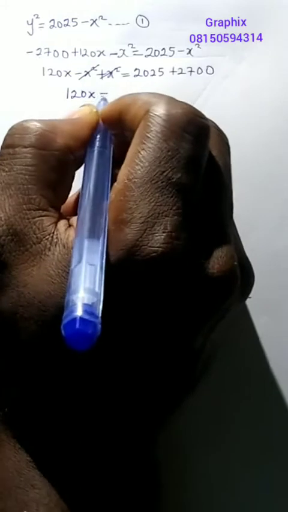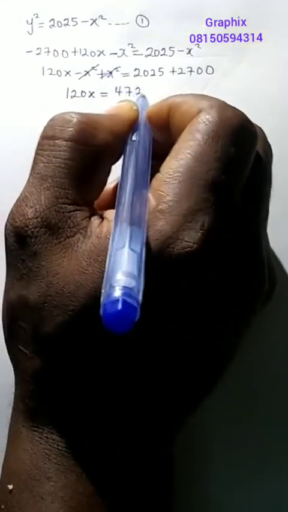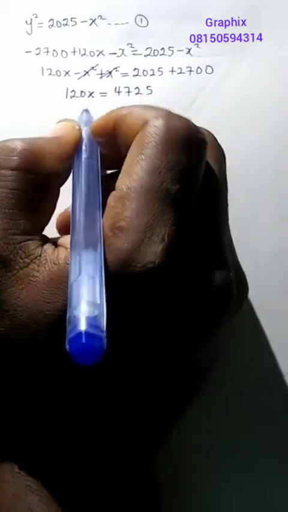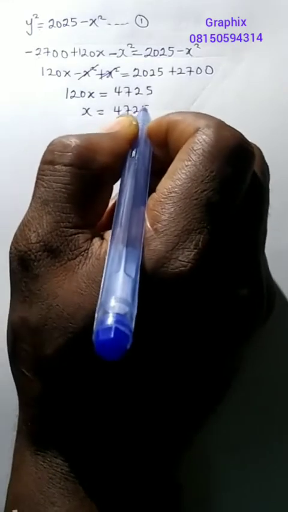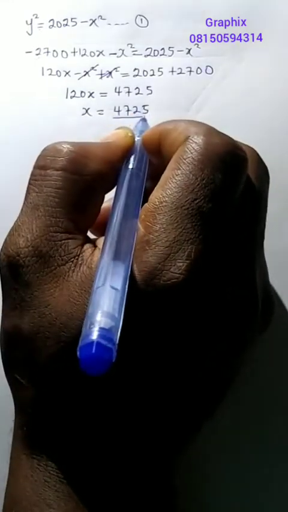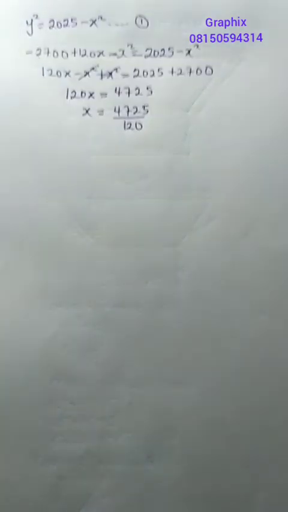120x equals to 225 plus 2700 minus 2025, minus 4725. We're having 4725, right? So my x now will give me 4725 divided by what? 120, right?